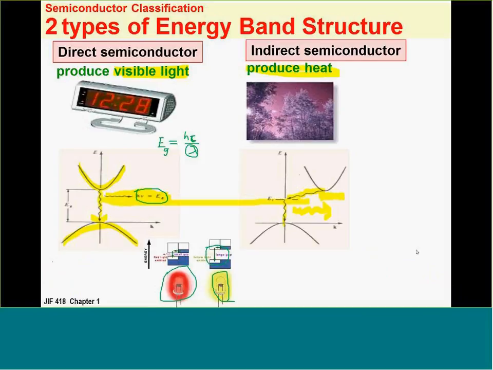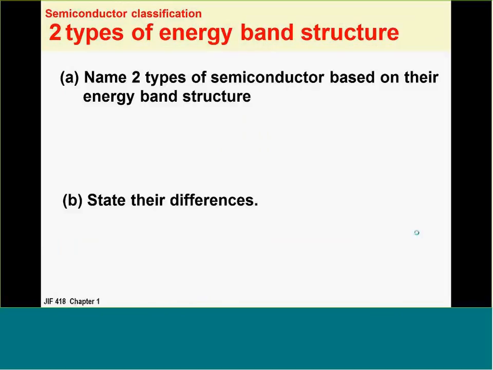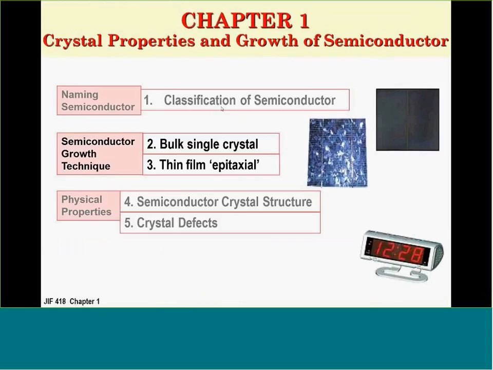Yeah, about this semiconductor classification. Tadi kita dah bercakap bahawa it's possible for us to classify our semiconductor tu bergantung kepada 3 group. First is according to the atomic composition, then atomic arrangement, then lastly is dia punya energy band structure.